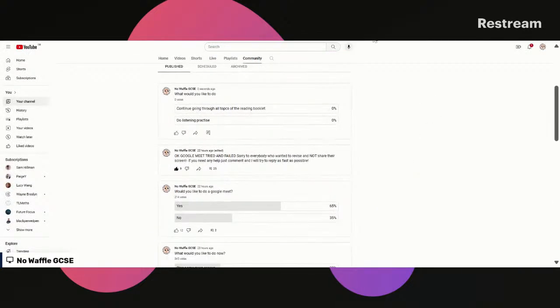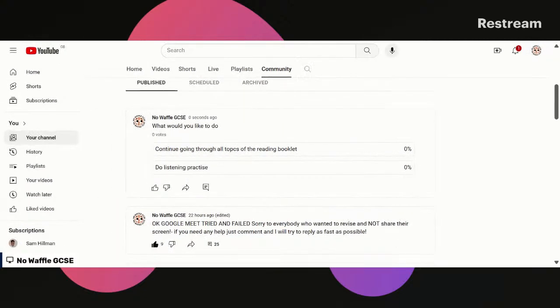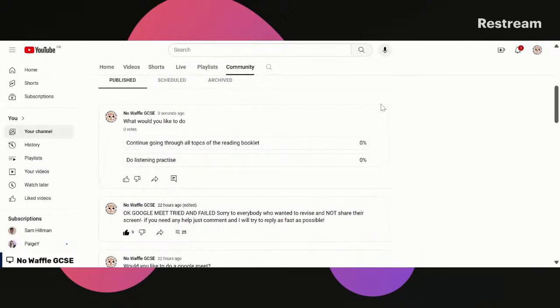I don't know how that would work. But you can try and vote there. You can go on the YouTube tab and vote on what you want to do. We can keep going with this practice or we can do a listening. What I might have to do is just make up a listening, though. It might not necessarily be exam unless I can find one.